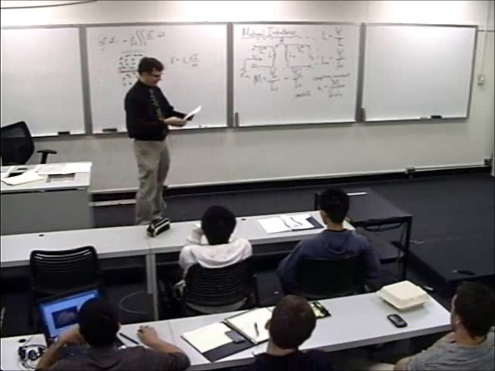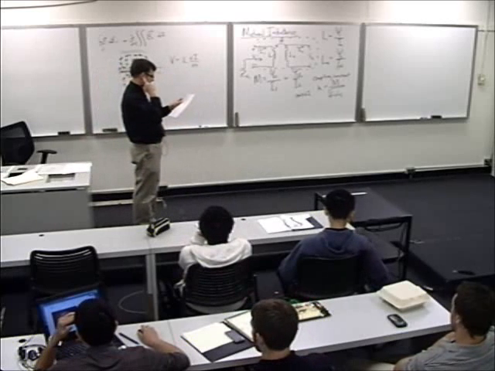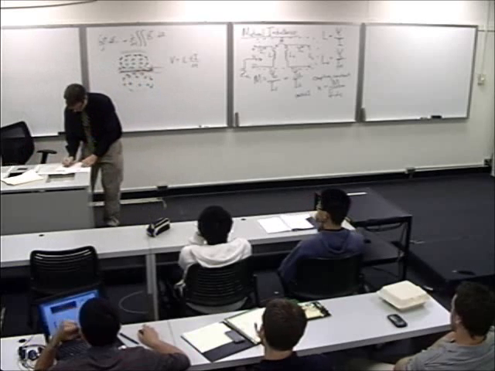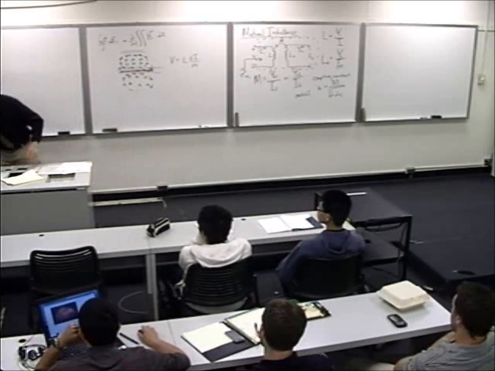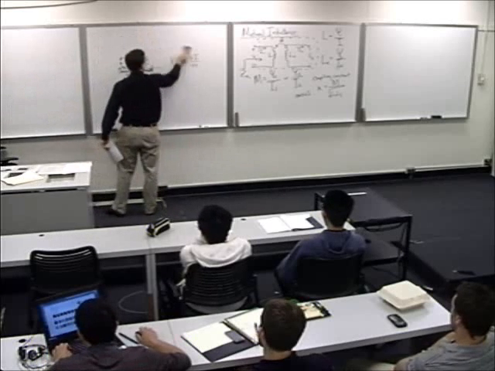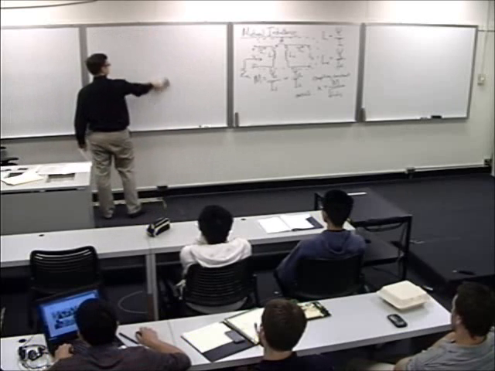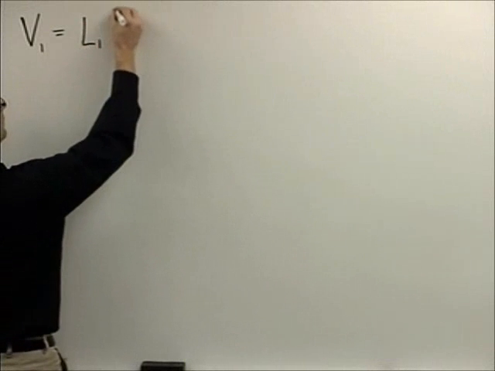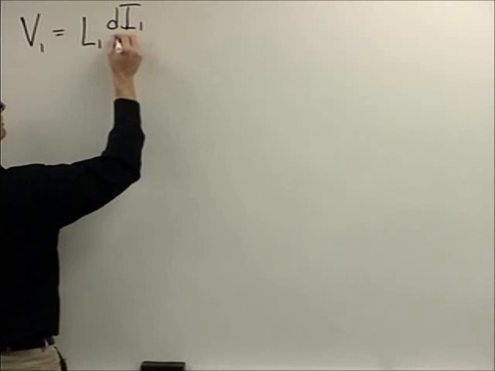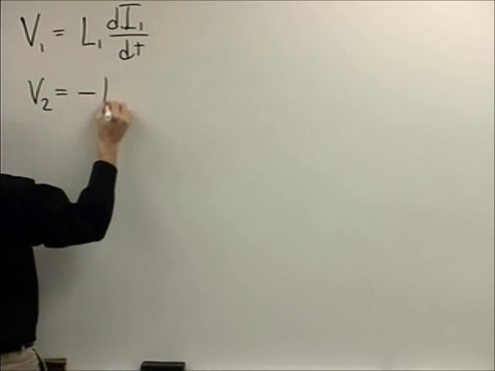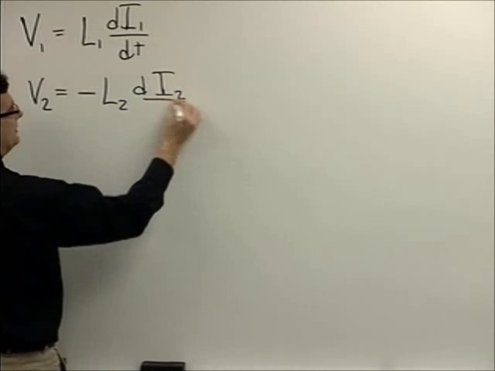Now, let's write the basic relationships here. I know from circuit theory that V1, if I just have that self-inductance L1, will equal L1 di1/dt, and V2 will be equal to minus L2 di2/dt.